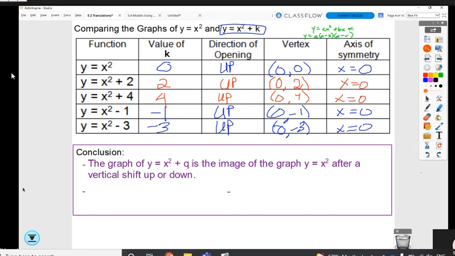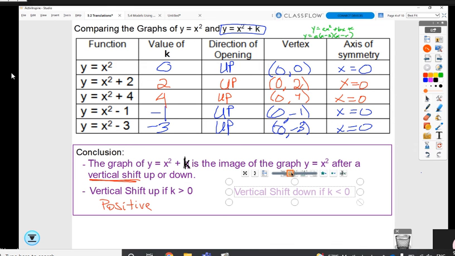So what can we conclude? We can conclude that the value, oh, it says q in here. That should not say q. This is k. K is what we call a vertical shift, and that's the terminology we have to get used to using. It's either up or down. It's a vertical shift up if that k value is greater than 0, or basically, if it's positive.